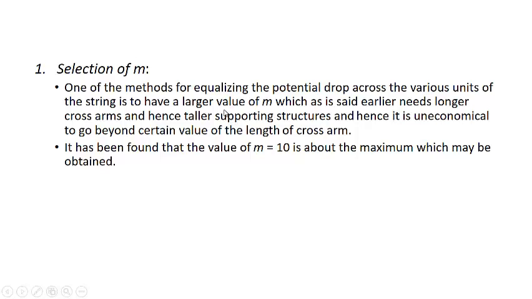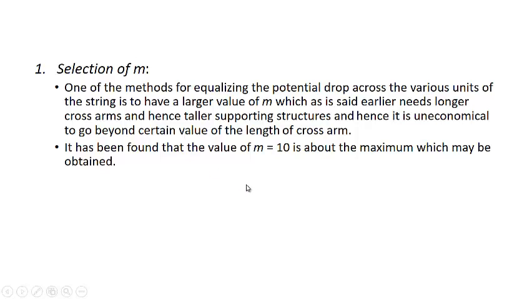In that case, the cross arm length will be higher and the supporting structures will be taller, which results in an uneconomical system. So if we go beyond a certain value, we may have an uneconomical system.